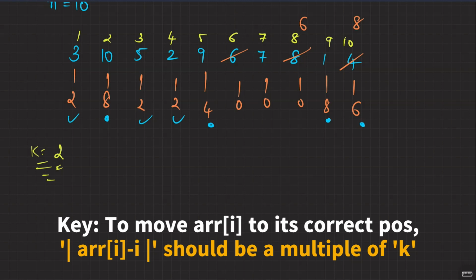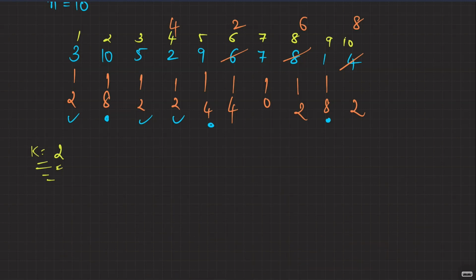Then 4 is here, and 2 is here, right? So 4 is at its correct position, but what just happened here, now it has become 4 distance apart, and the 6 has become 2 distance apart, and 8 has become also 2 distance apart. So that's what happened here, right? But the point is 4 is at its correct position.